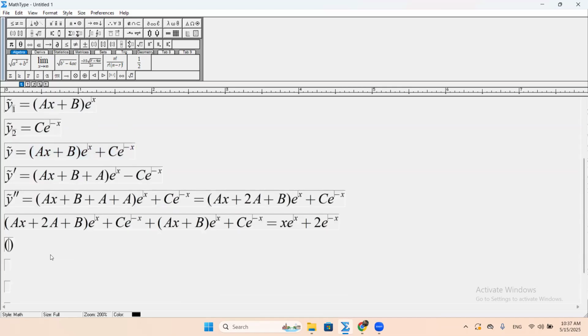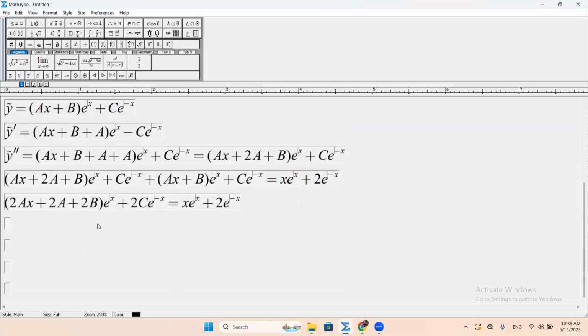So what will we receive? 4e to the power of x, 2ax plus 2a plus 2b, and e to the power of minus x plus 2c e to the power of minus x, equals this right part.